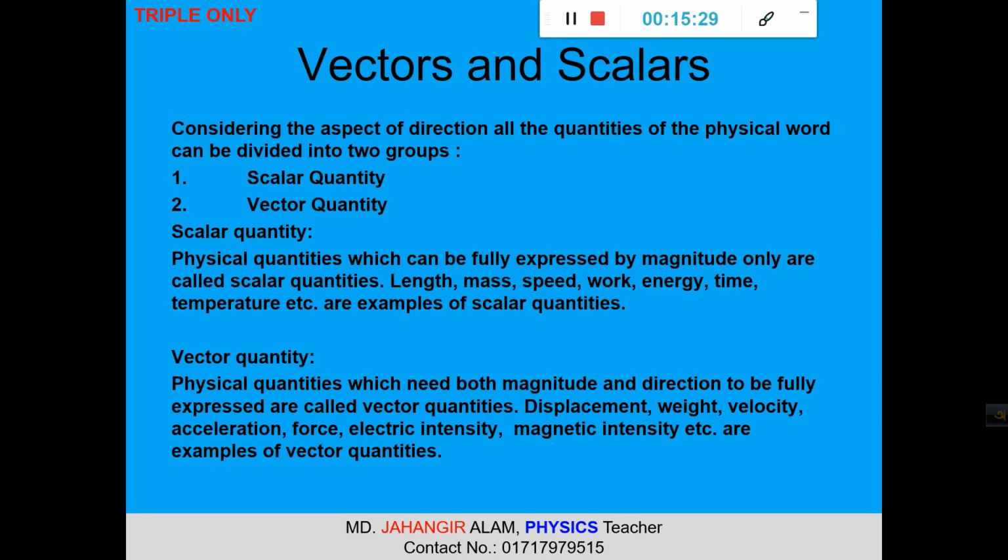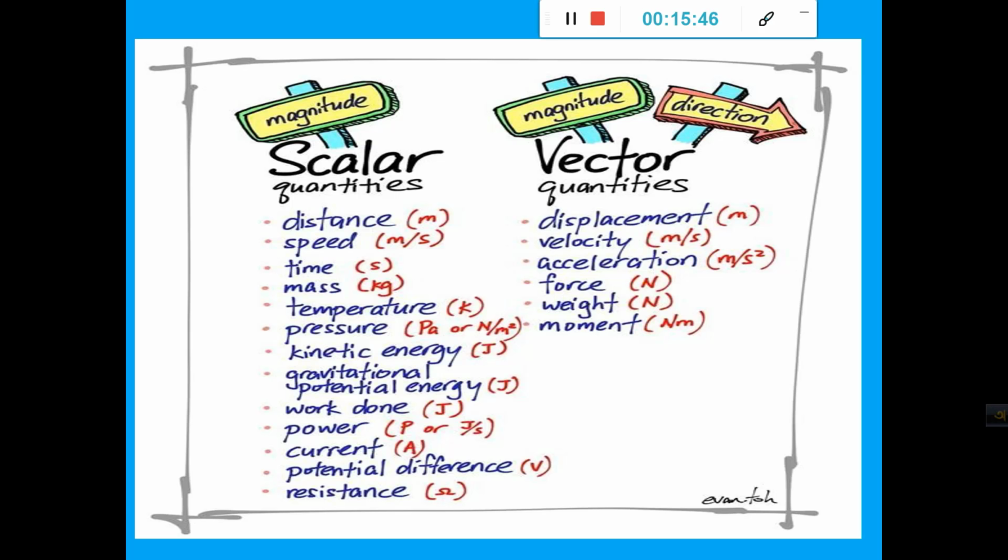So a vector quantity is a physical quantity which has both magnitude and direction. Without direction, a vector quantity cannot be understood. So, a summary of scalar and vector: scalar quantities have magnitude, vector quantities have both magnitude and direction.